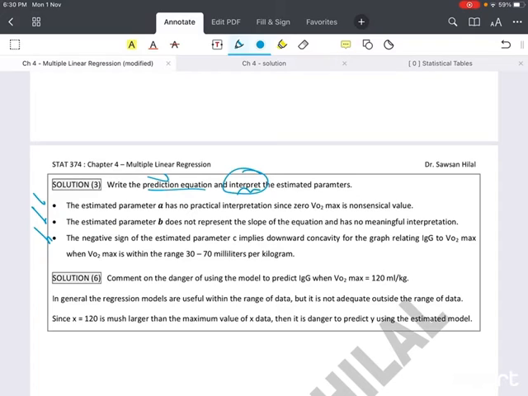You can see here the estimate parameter A has no practical interpretation. ما إليه practical interpretation مثل ما قلنا في البداية, since 0 VO2 maximum is a non-essential value.